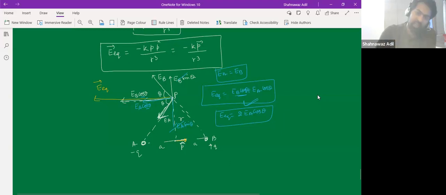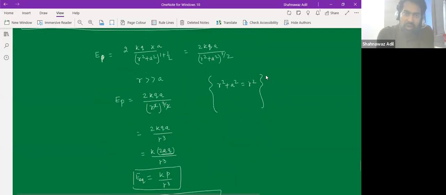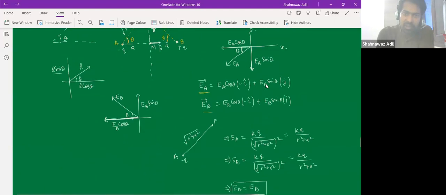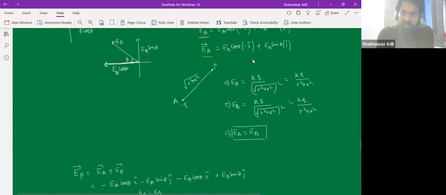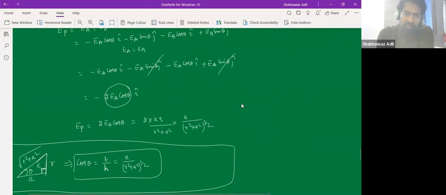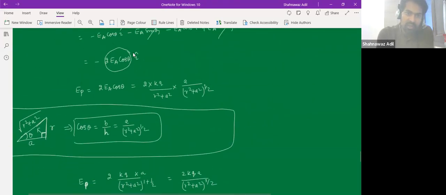So please, this one I just told you to understand, right? Because we can directly get this result when we use this relation. In the first method I solved all these resolutions, and then we got this relation finally.